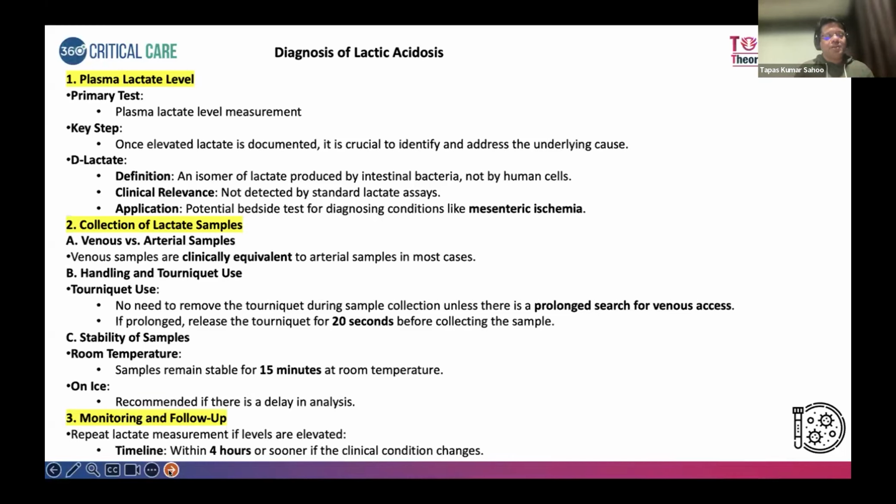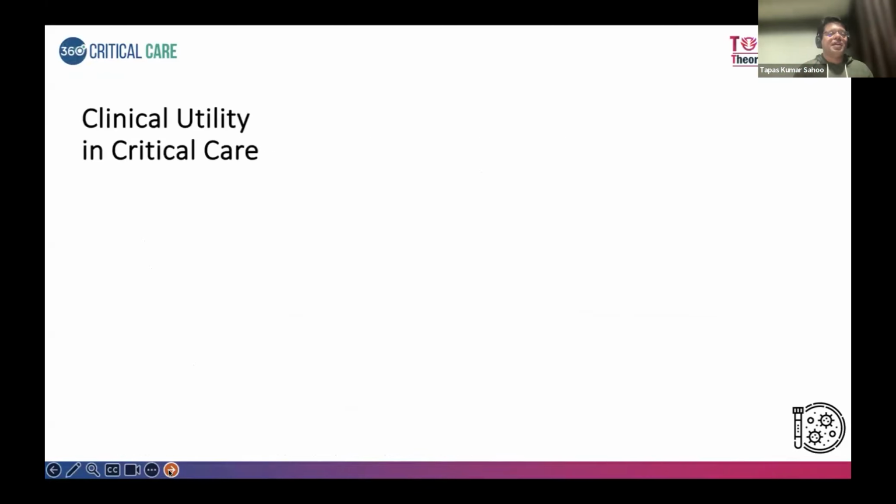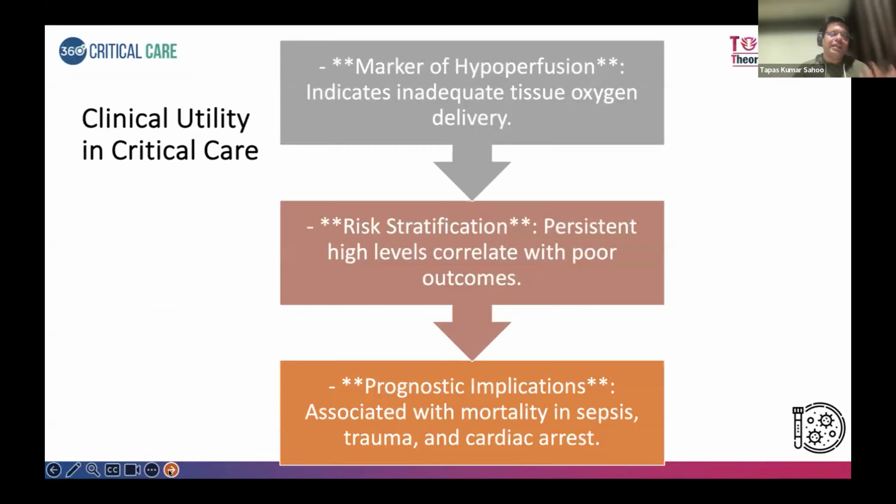Monitoring and follow-up is very important, and you have to repeat the lactate measurement rather than only depending upon a single value of lactate. Now, what is the clinical utility in critical care? It is a marker of hypoperfusion, indicating inadequate tissue oxygen delivery. For risk stratification, a persistent high level of lactate in your ICU patient correlates with poor outcome. And it also has prognostic significance, associated with mortality in sepsis, trauma, and cardiac arrest.